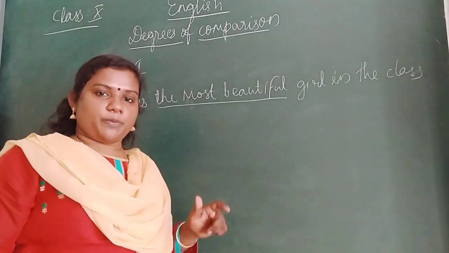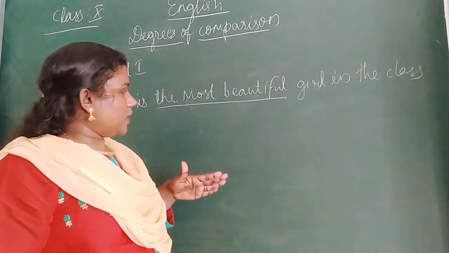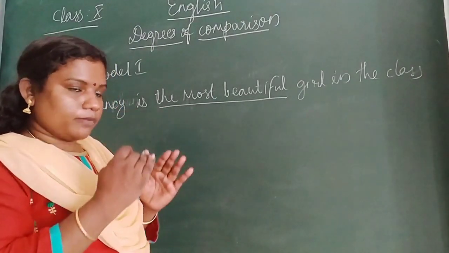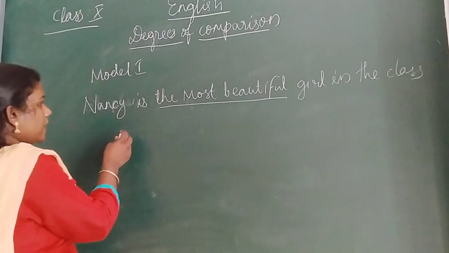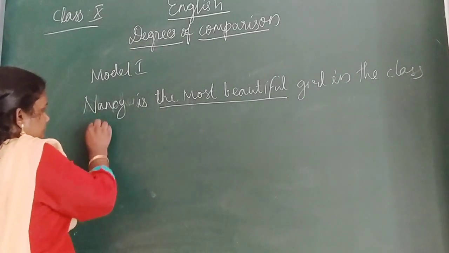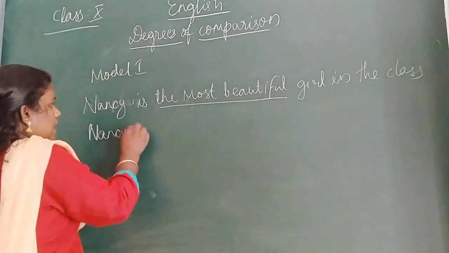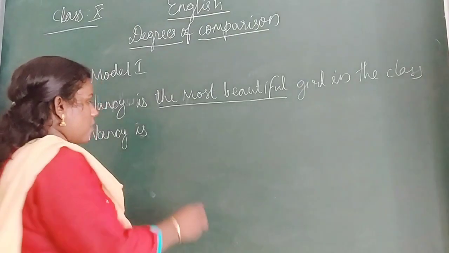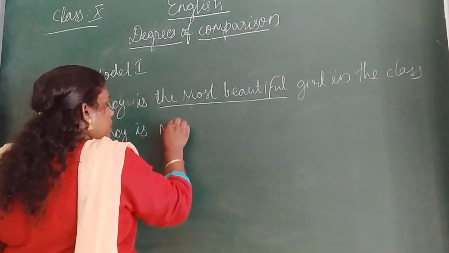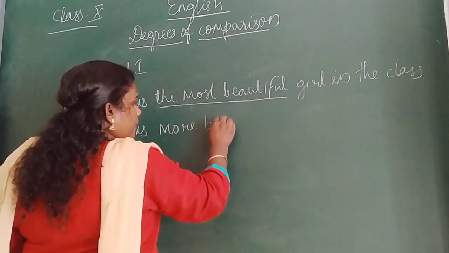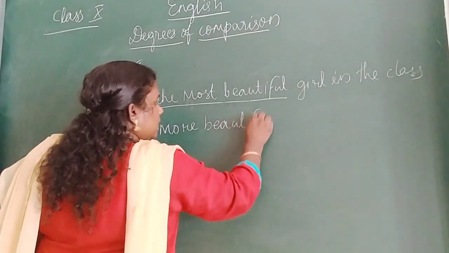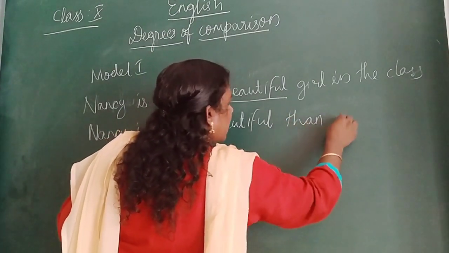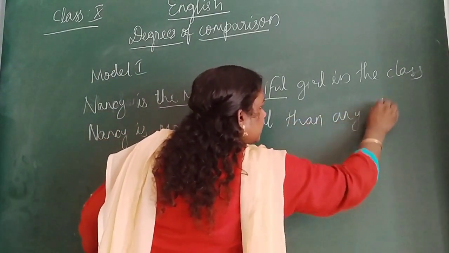The comparative form of most beautiful is more beautiful, and the positive form is beautiful. So how can we start? Nancy is more beautiful. Always after the comparative form we should use than: more beautiful than any other girl.